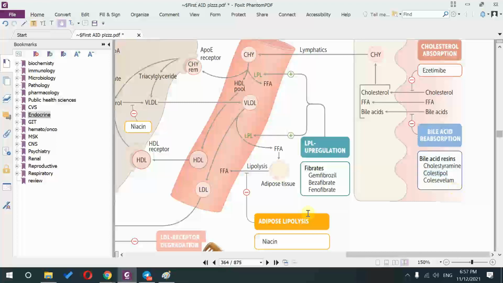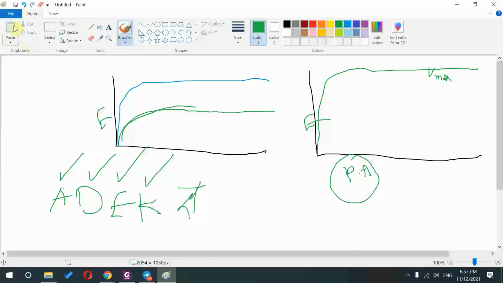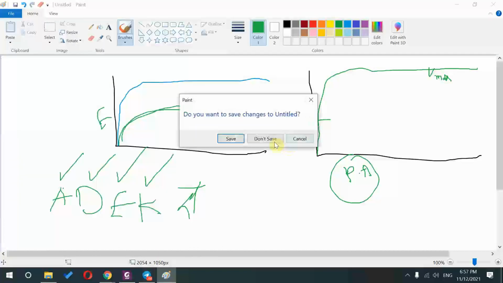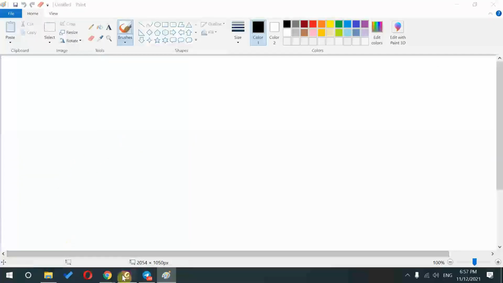But guys, I'm going to tell you now about a question that I saw the other day. There is a drug called leflunomide, which is used for cases of rheumatoid arthritis.